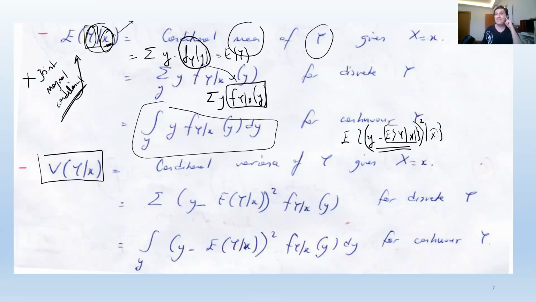Here we subtract the expected value from all values of y, but again these are still under the condition that some lowercase x value is obtained at hand. Therefore we use the very same logic here. Y minus the expected value of y given x. This is the quantity we would like to find. We weight this with respect to the corresponding weighting function, the probability mass function of y given x, and we either sum this or integrate this.